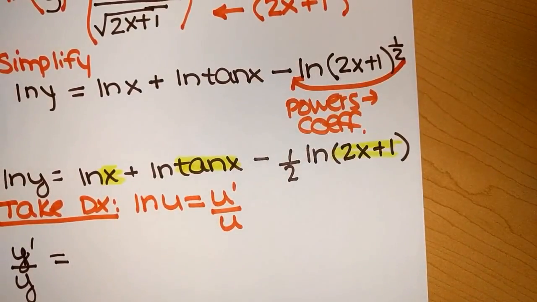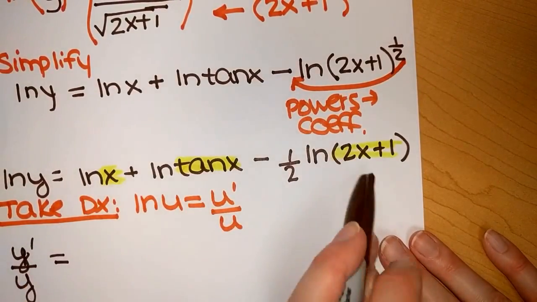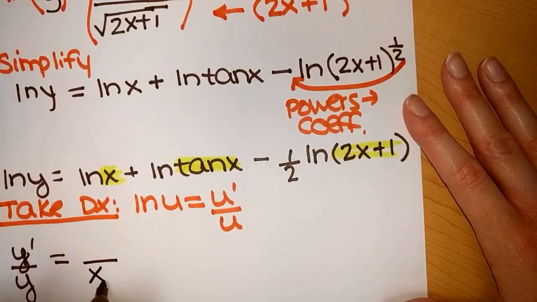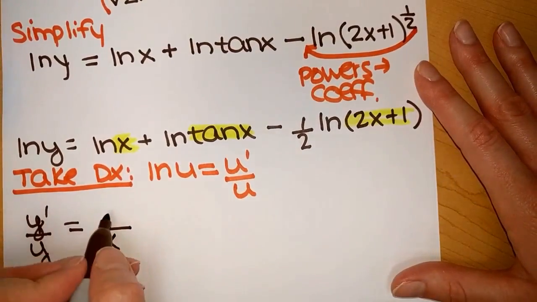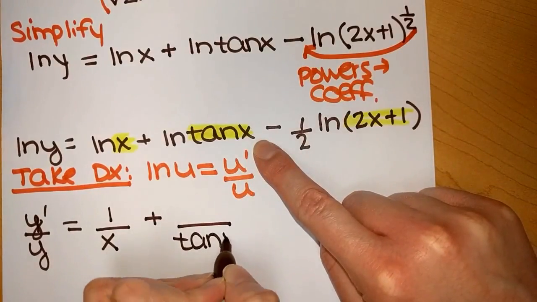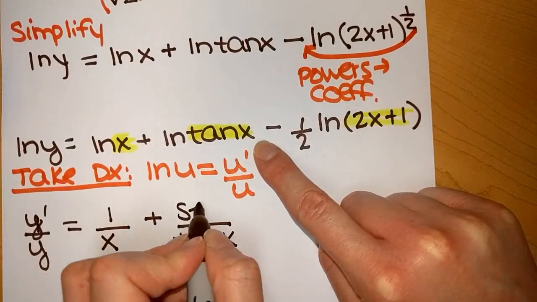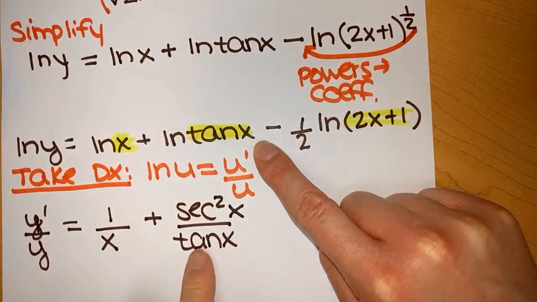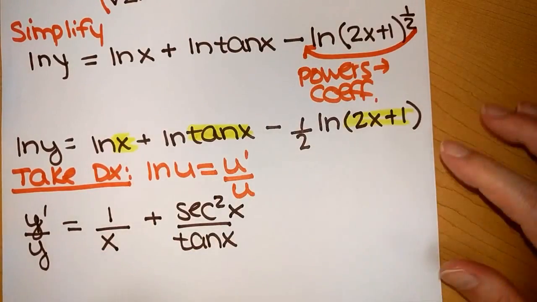So those are going to go in the denominator as I differentiate term by term here. So I will have x in the denominator, the derivative of x is just 1, plus tangent x in the denominator, and the derivative of tangent is secant squared x. Again, you need one tangent and two secants total.